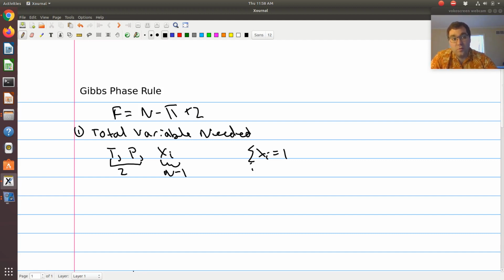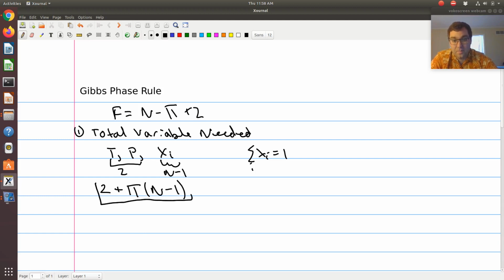Okay, so in total then, the number of total variables I need is 2, temperature and pressure, because the temperature and pressure in each phase are the same, plus I'm going to have pi phases and n minus 1 mole fractions in each phase that I'll need to specify.